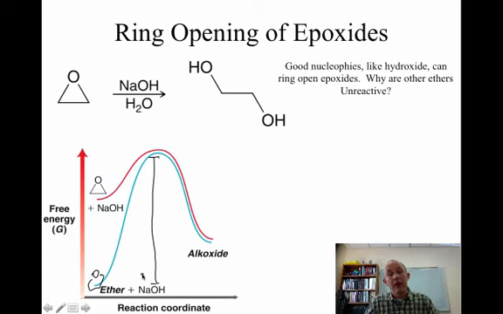It takes a tremendous amount of energy to open THF, whereas it would take much less energy to overcome this activation energy barrier in an alkoxide. And in fact, for THF, look, it's an endothermic reaction, whereas for an epoxide, it's an exothermic reaction. So one is thermodynamically favorable, the other one is thermodynamically unfavorable.